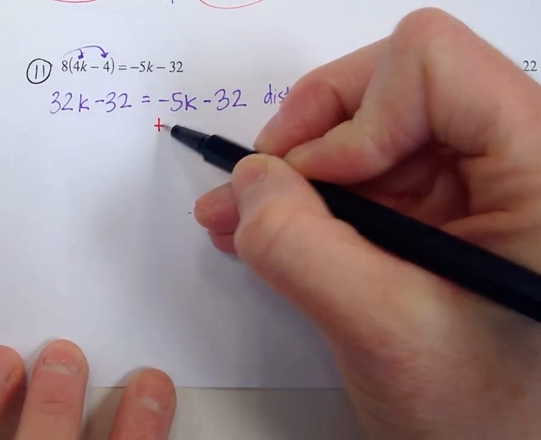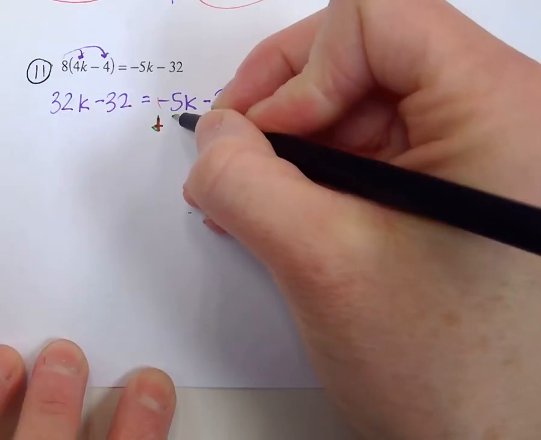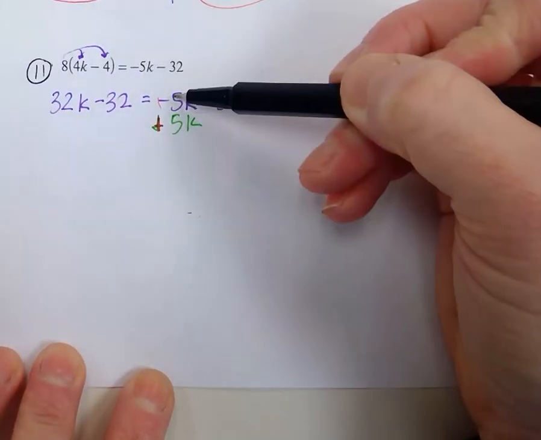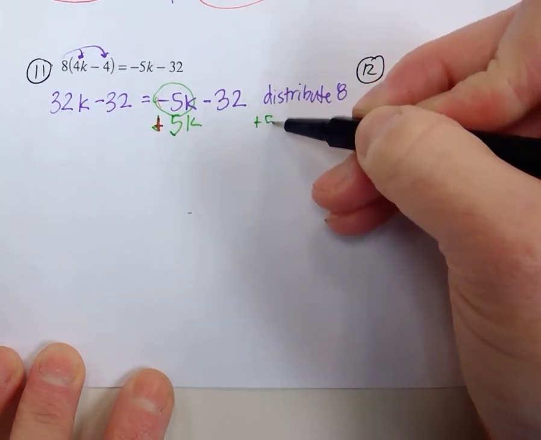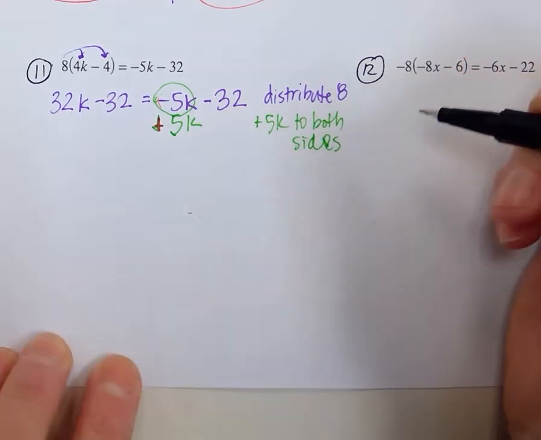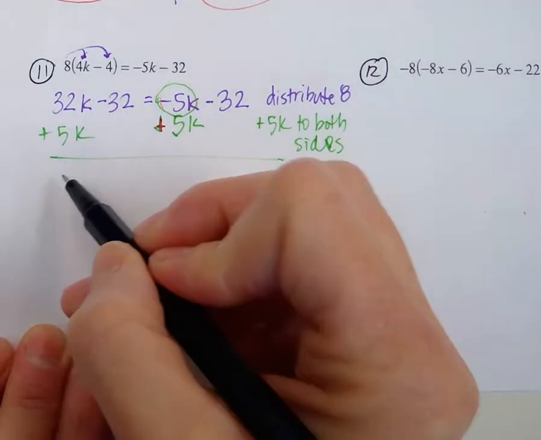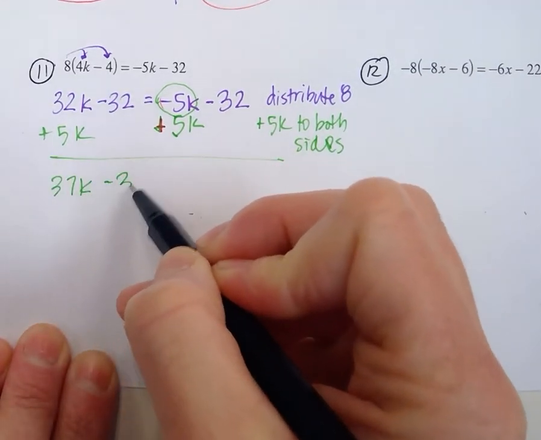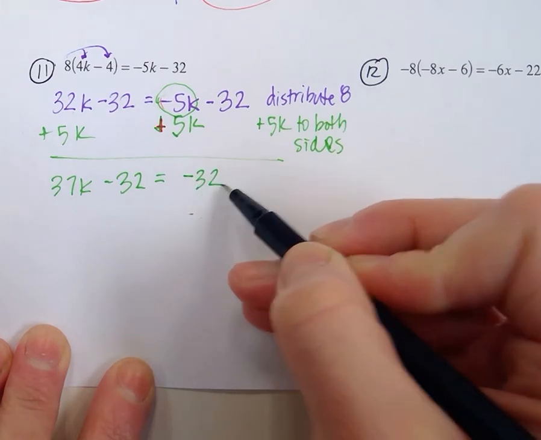So I'm going to eliminate my negative 5k's. Sorry. If I have negative 5k, I need to add positive 5k to both sides. I get 37k minus 32 equals negative 32.